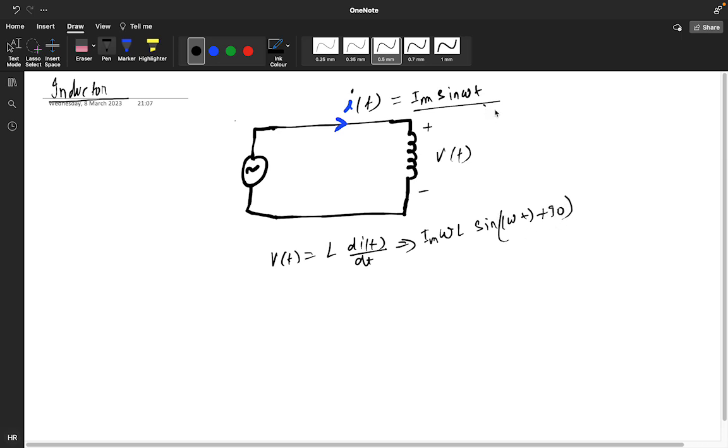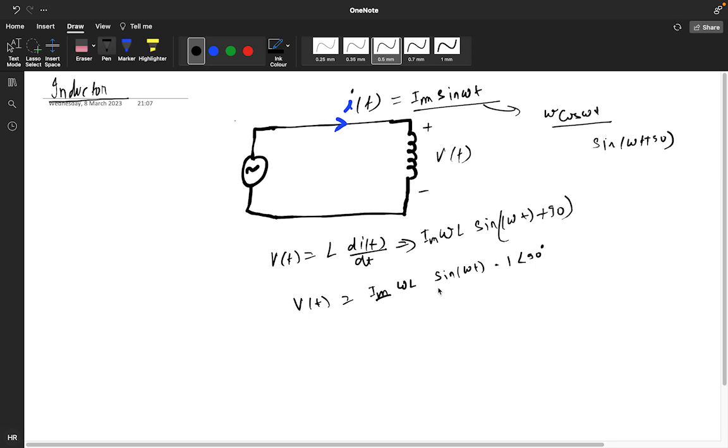That is the differentiation of sine omega t. If you do it, you will get cos omega t, and omega will come outside. This cos omega t can be written as sine omega t plus 90 degree. So v of t is Im into omega L into sine omega t. We can write it as 1 at an angle 90 degree.